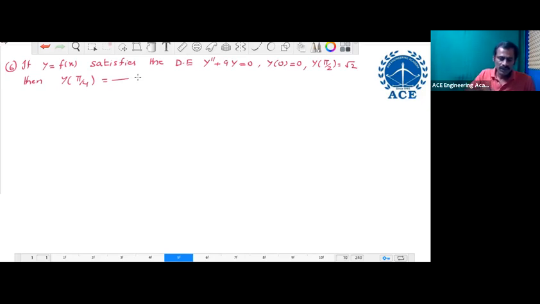Just observe this problem, compare this problem with the previous problem and find out the difference. What is the difference between this problem and the first 5 problems?